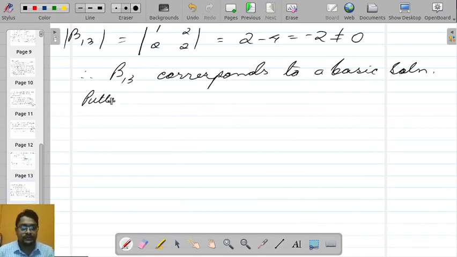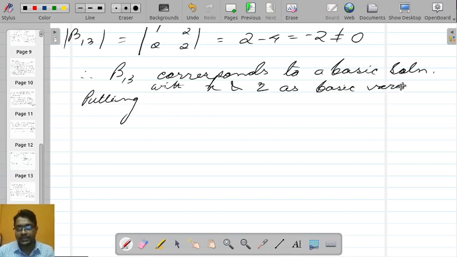So here B13 corresponds to a basic solution with x and z as basic variables. So putting y equal to t equal to 0, other variables we put 0 so that it's easier to compute.